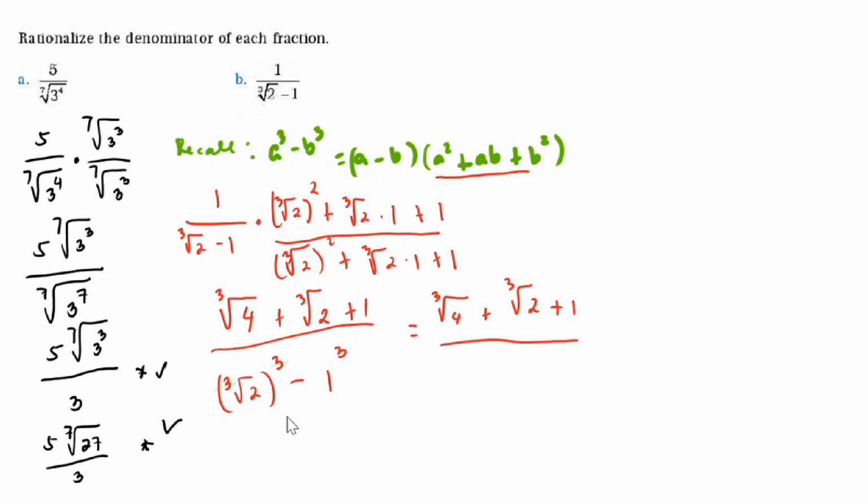So the remaining now is 2 minus 1 cubed, or you can write here as 2 minus 1, which is just 1. So actually the answer now is just the cube root of 4 plus the cube root of 2 plus 1. That's the answer.